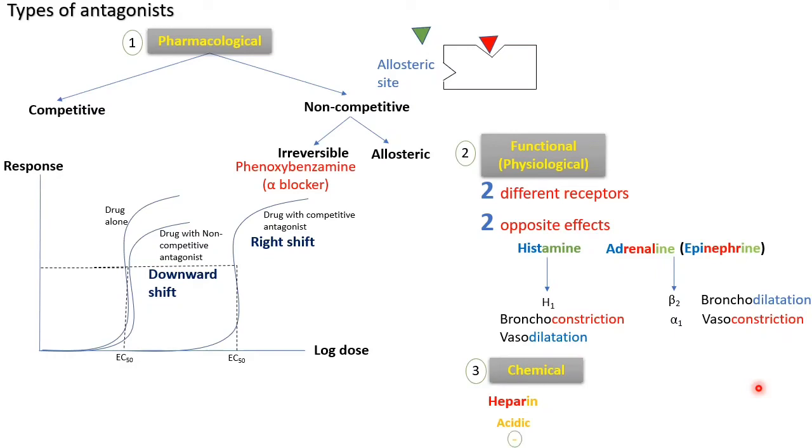Heparin is an acidic drug that carries a negative charge, while protamine, amine, this is a basic drug which carries a positive charge. So a positive and a negative can bind together. So in that way, protamine terminates the action of heparin.